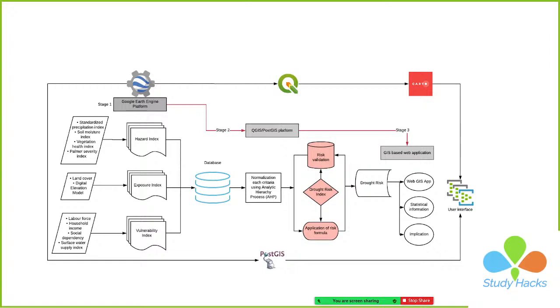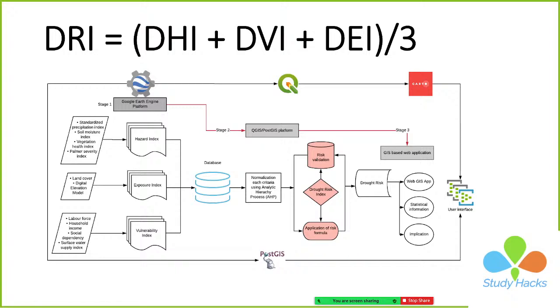This is the algorithm, and this is the formula: the drought risk index is computed from the drought hazard index, drought vulnerability index, and drought exposure index. We get the average result, and then we can classify the drought risk index.